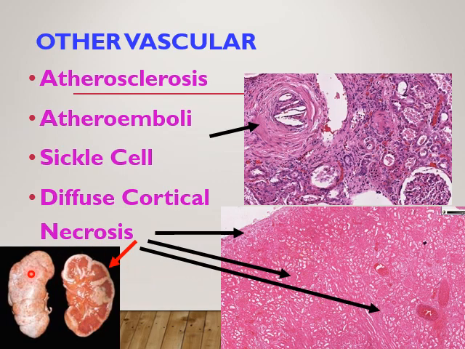This is a gross feature, and microscopically the entire glomerulus and tubules are completely replaced by pale eosinophilic necrotic material. So this is diffuse cortical necrosis. The patient will suddenly present with severe renal failure associated with oliguria and anuria.